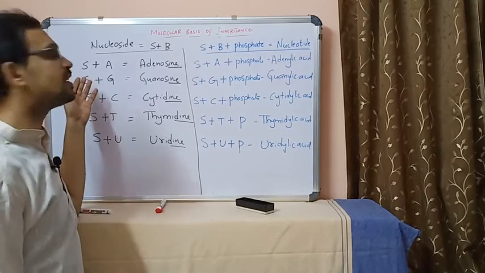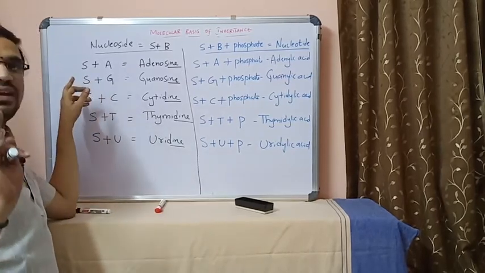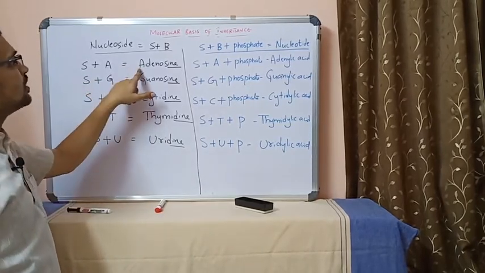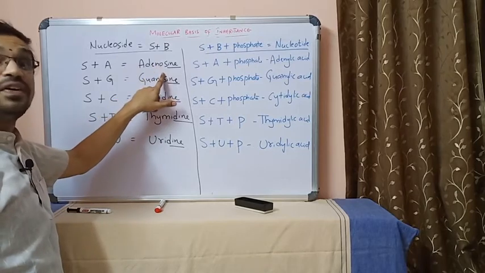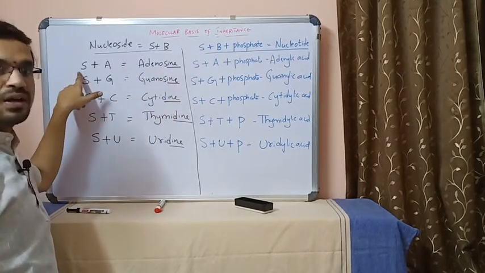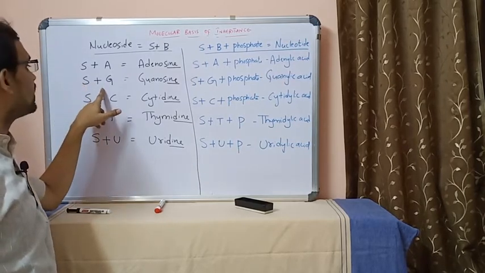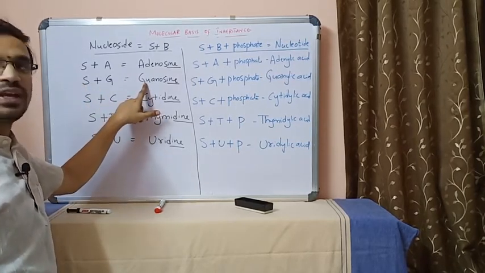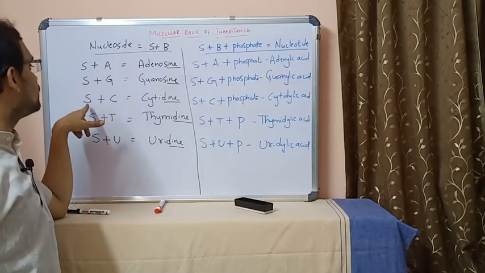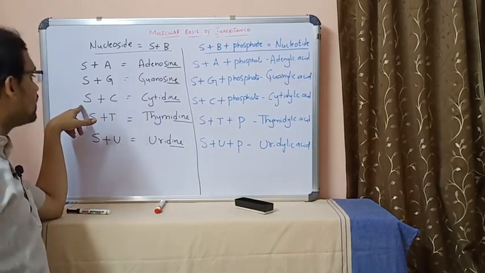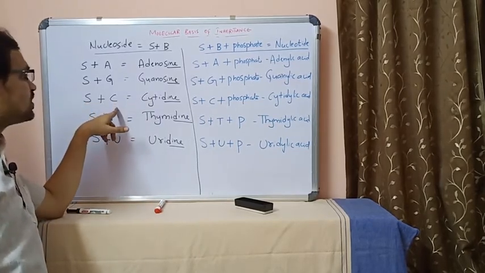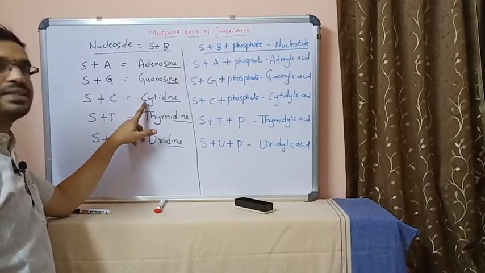Here also the same in case of nucleosides: deoxyadenosine if the sugar is deoxyribose. If the sugar is deoxyribose and guanine is there, it is called deoxyguanosine. If the sugar is deoxyribose attached to cytosine, it is called deoxycytidine.